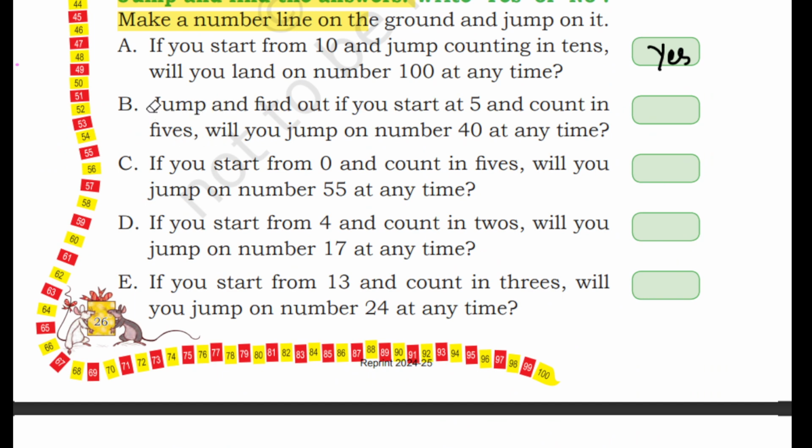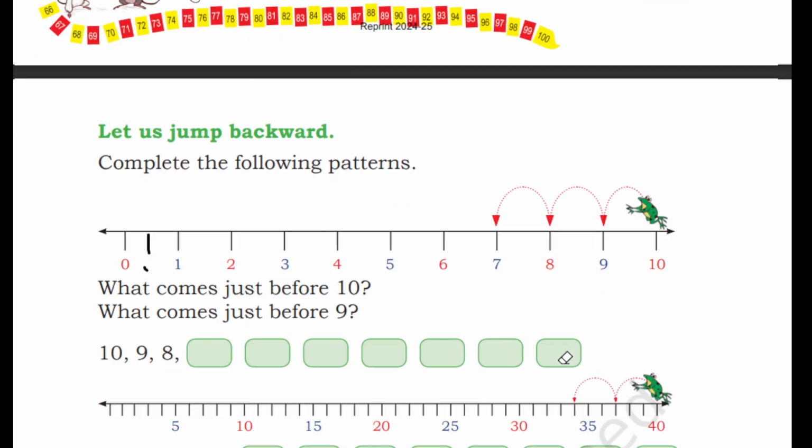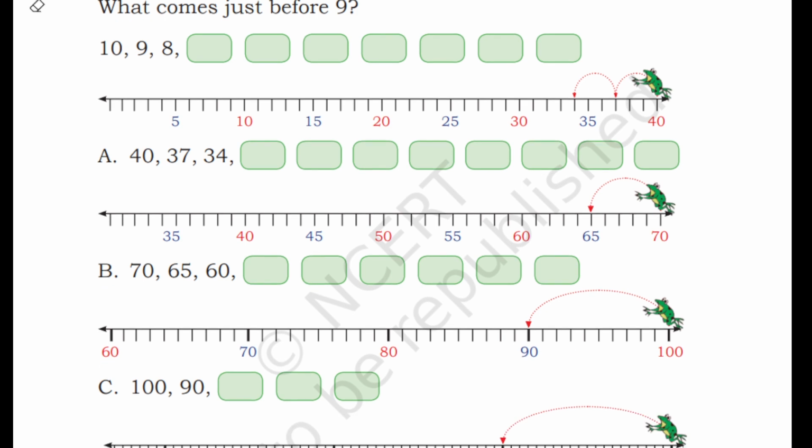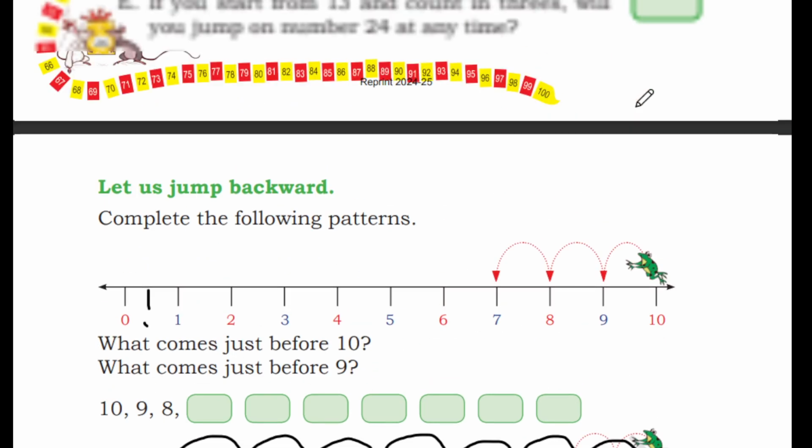If you start at 5 and count in fives, will you jump on number 40? So see this number line. So let's start from this one and count jumping. So we have 1, 2, 3, 4, 5, 6, 7. Yes, when you do 7 jumps of fives, we can reach number 40. So the answer is yes.